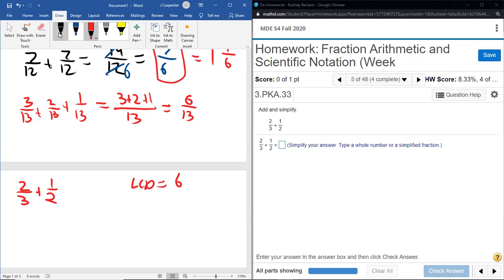All right, so here's what we do. We rewrite our fractions a little more spaced out than that with the LCD that we chose. You just change the denominators to 6.